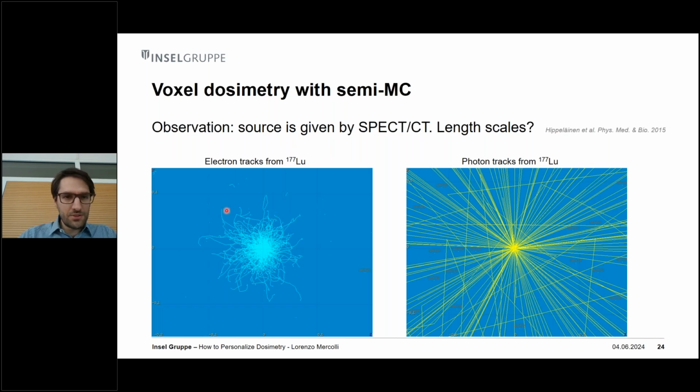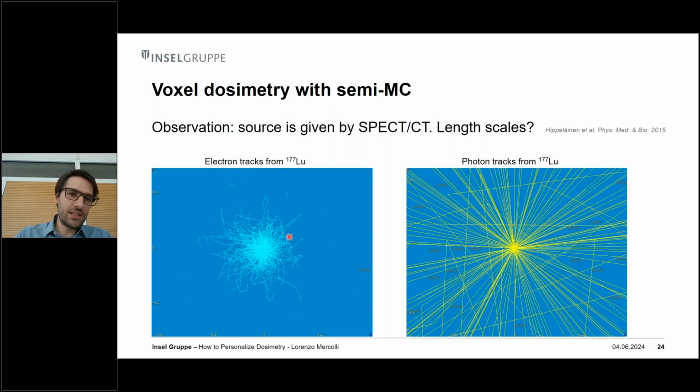I did a very quick simulation here. What you see in these images are the particle tracks of a Monte Carlo simulation of lutetium. And these here are the electrons. The squares here are 1 millimeter.